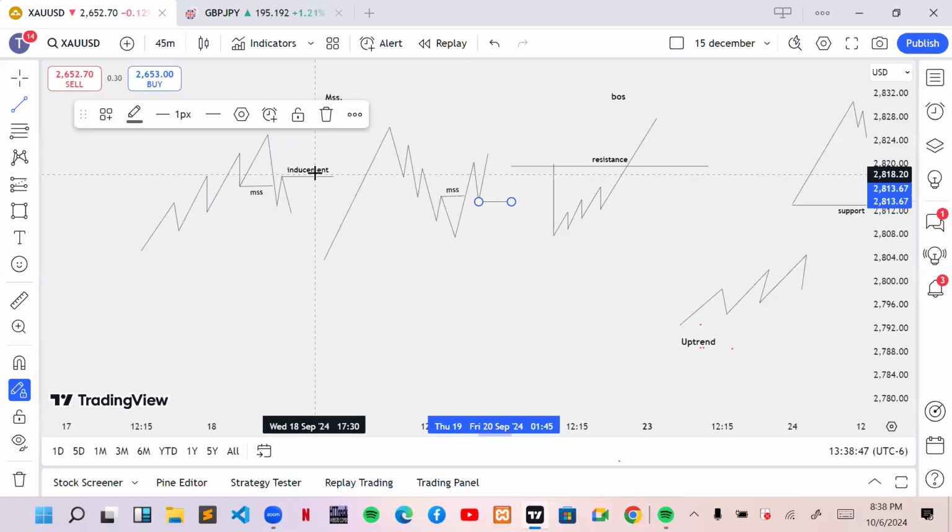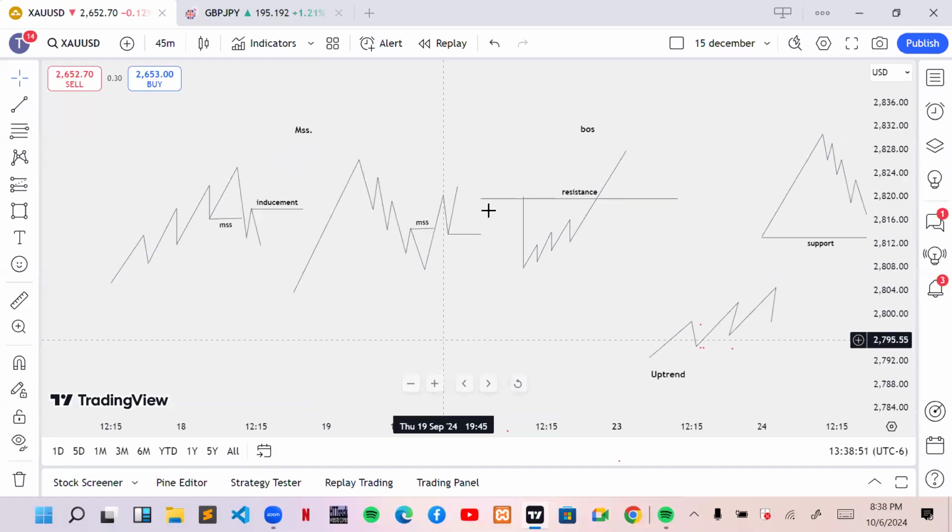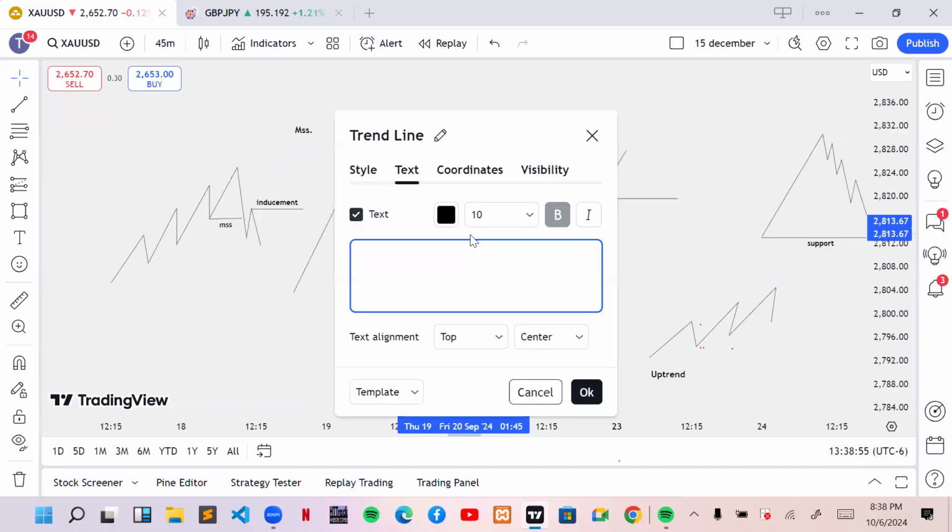So this is the inducement, the first pullback that market makes after a market structure shift or a break of structure. So this is the market structure shift for this side, and this is inducement here. And this is the inducement right here.